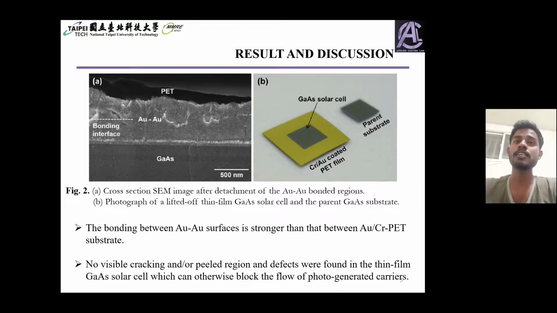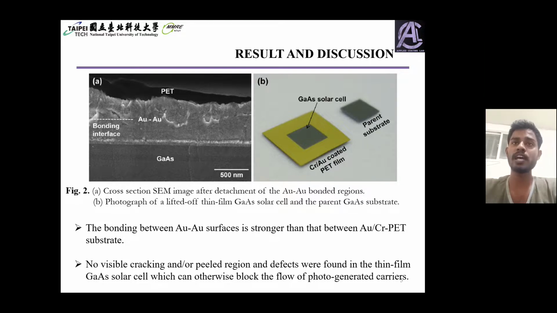After the bonding test, the bonding between the gold surfaces is stronger than the gold chromium PET substrate. So here the bonding strength between the gallium arsenide substrate and the PET film produced by low pressure cold welding was strong enough to hold the thin film gallium arsenide solar cell.